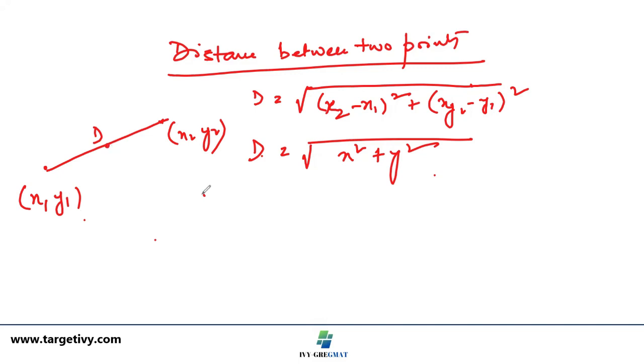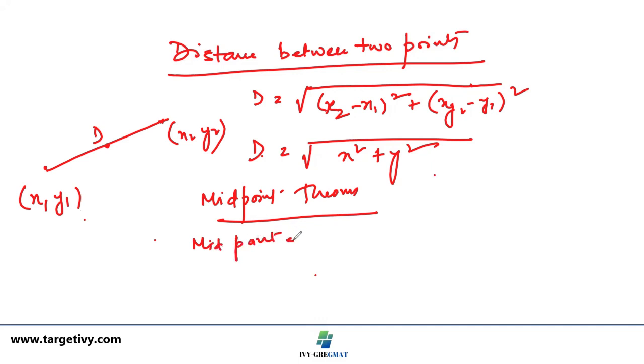So we came out with something called the midpoint theorem, where the midpoint m is defined by a coordinate. Obviously this will be, say, xm and ym.